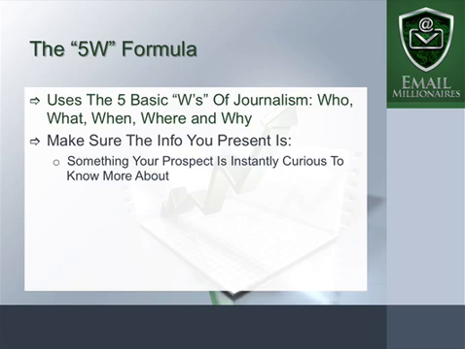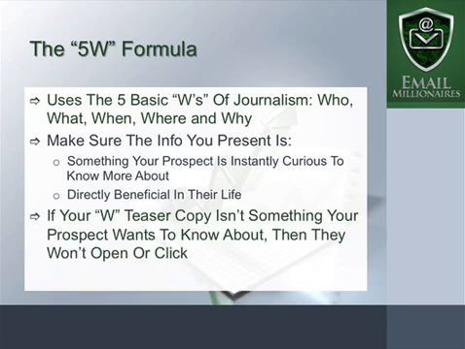You just have to make sure the info that your promise presents is A, something your prospect is instantly curious to know more about, and B, directly beneficial in his life. It has to be something that's going to benefit them. If your W teaser copy isn't something your prospect wants to know about, then he's not going to open, he's not going to click, and he's just going to trash it. Your email will be a waste.